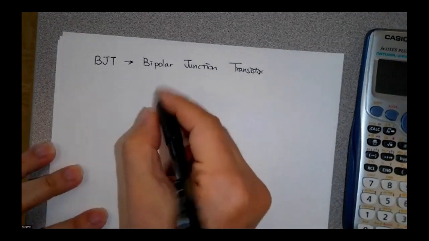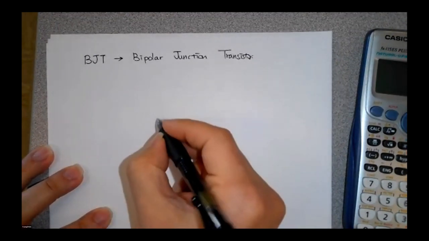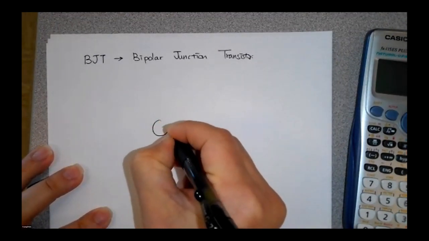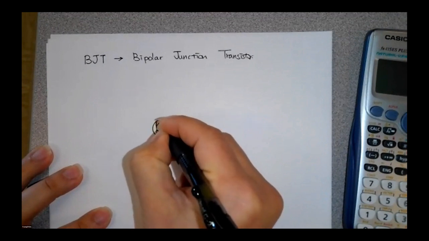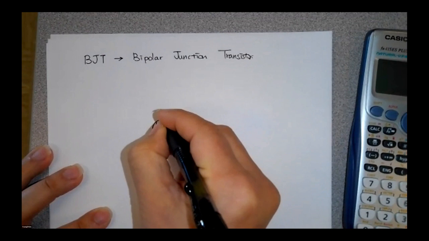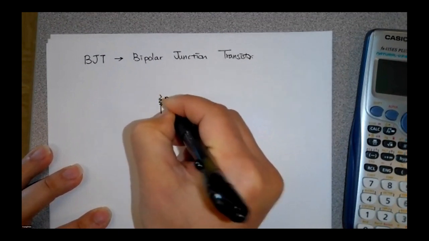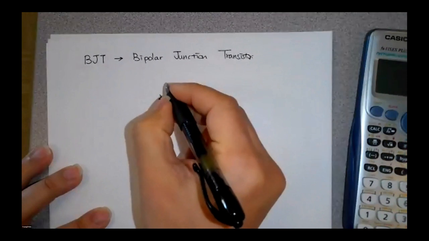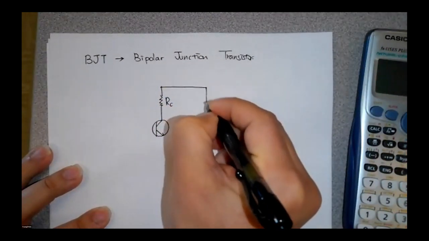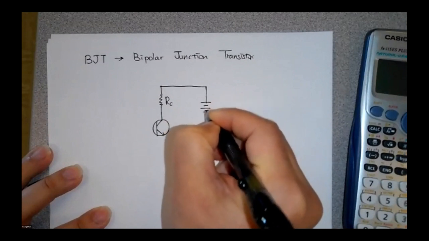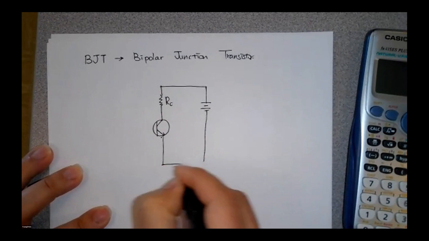So I'm going to draw the circuit. I think you can see that, right? That was the BJT here. Okay, that was RC. And that was for, like, this one here.